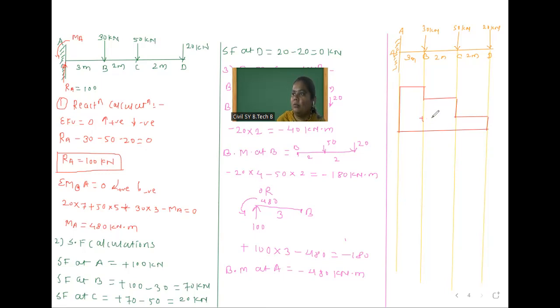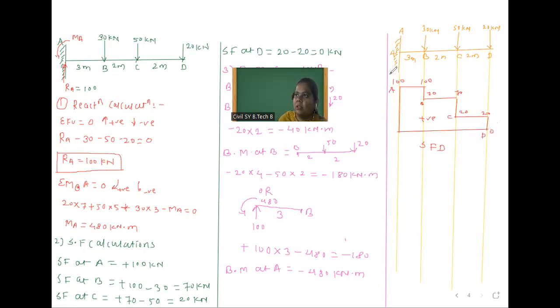All values are positive. Here 100, here again 100. This is 70, this is 70. 20, here also 20, and here 0. This is A point, this is B point, this is C, and this is D point.